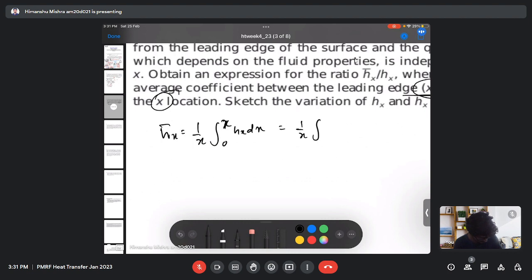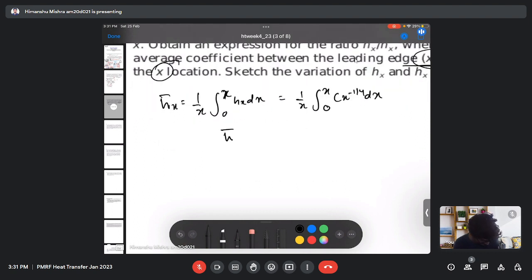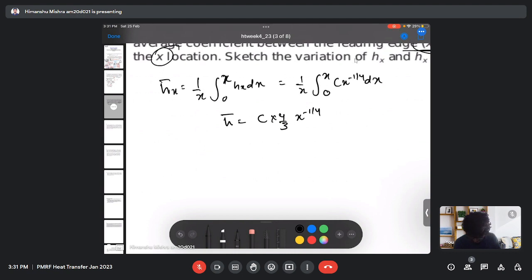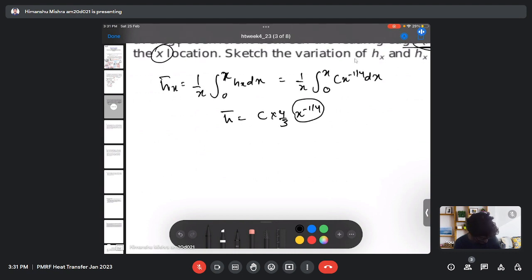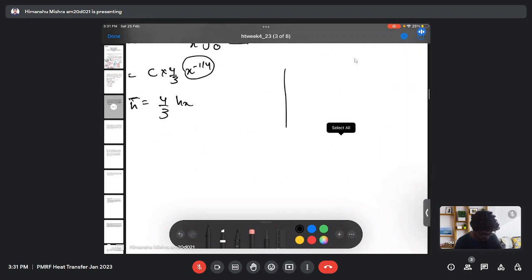And after integration we can write c times 4 by 3 x to the power 3 by 4, and this is the local heat transfer coefficient, so it is 4 by 3 hx. So this time our average heat transfer coefficient is 4 by 3 of hx, and we can plot a similar curve here.